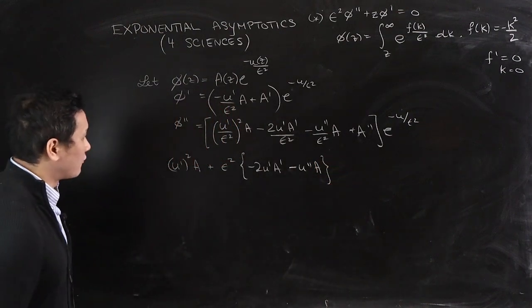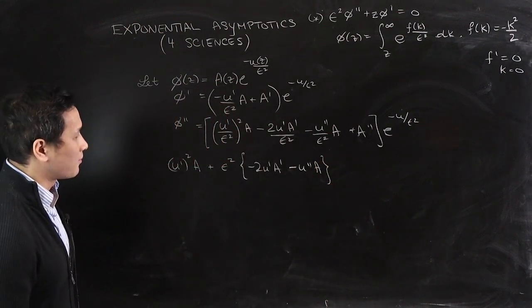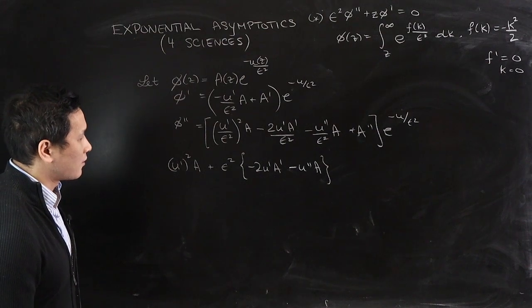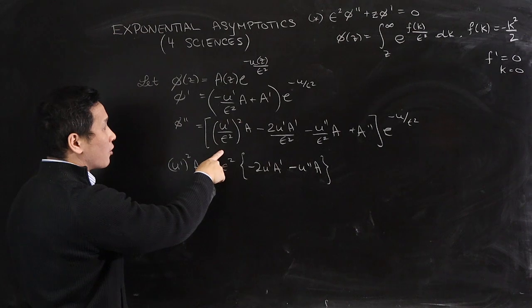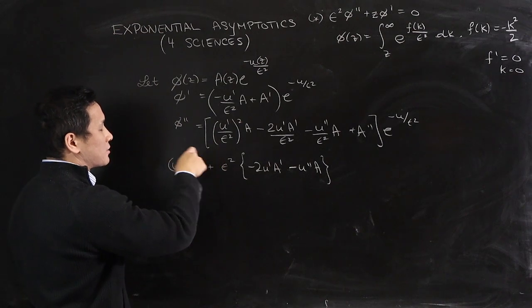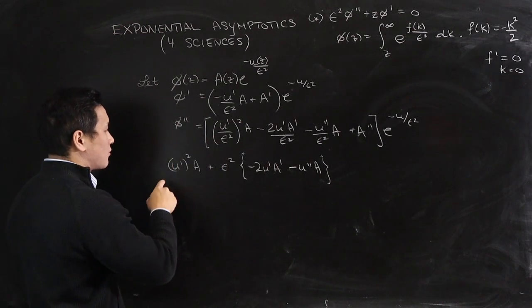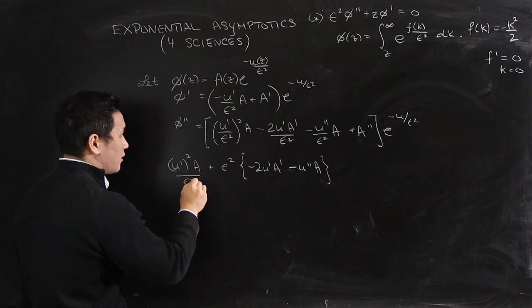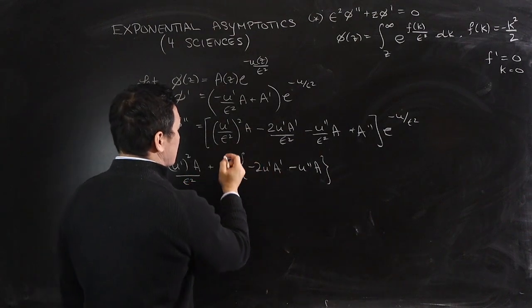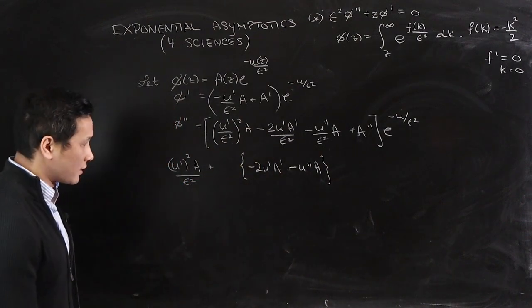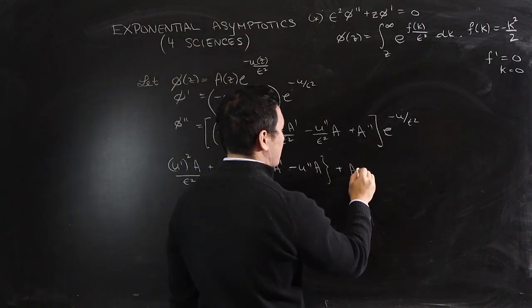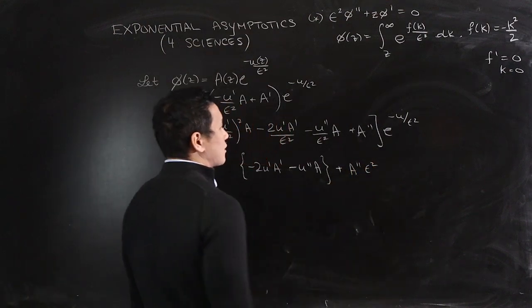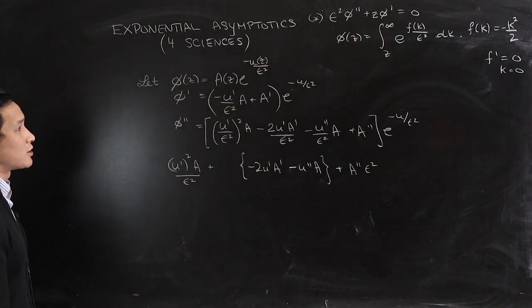So I had to multiply everything by, okay, sorry, I multiplied this by epsilon squared. This is 1 over epsilon to the 4, and I multiply it by an epsilon squared, so I get 1 over epsilon squared here. These are all epsilon squares, so they just become 1 times that, and then I have a double prime times epsilon squared, so that's all from the second derivative term.